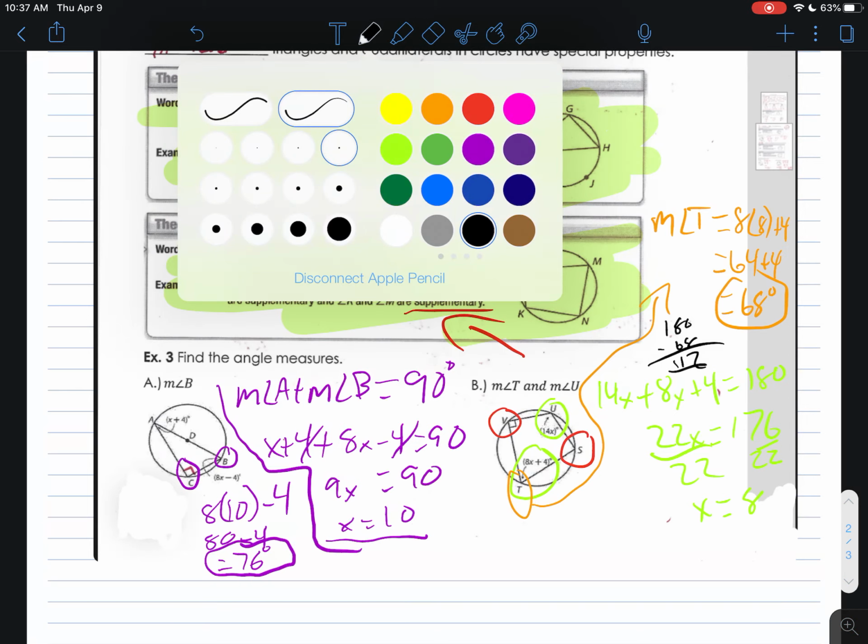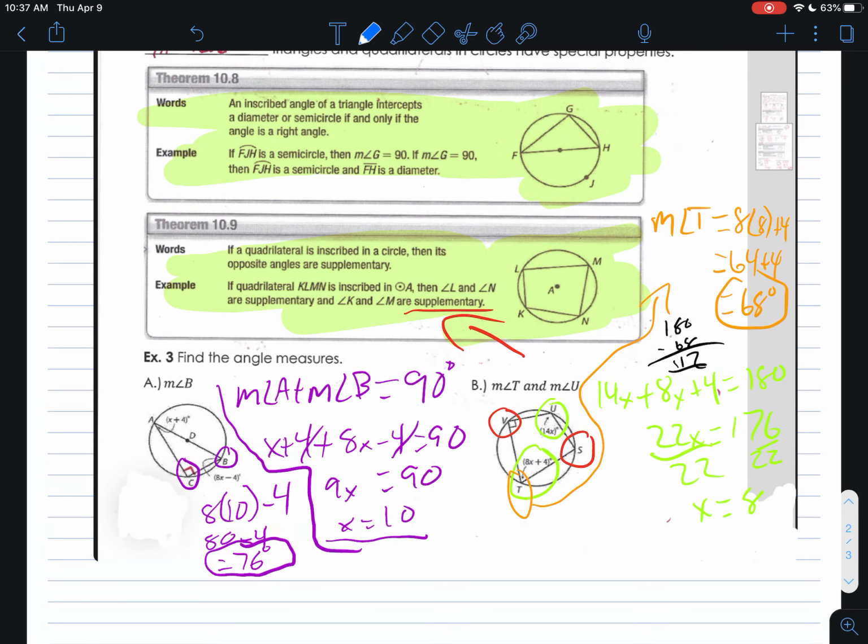But just to confirm, I'll do it both ways. Measure of angle u equals 14 times 8, which is going to be 112 degrees.